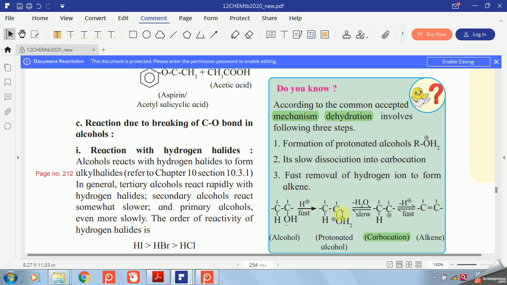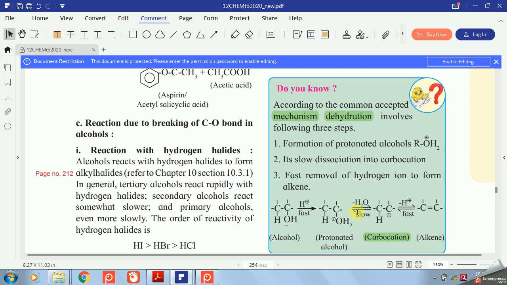And in the next step there is a formation of carbocation. OH2 plus is unstable, because oxygen, which is a more electronegative atom, is carrying a positive charge. So it breaks the oxygen carbon bond and the electrons go with oxygen. So carbon carries the positive charge and the oxygen goes with 2 hydrogens as H2O.